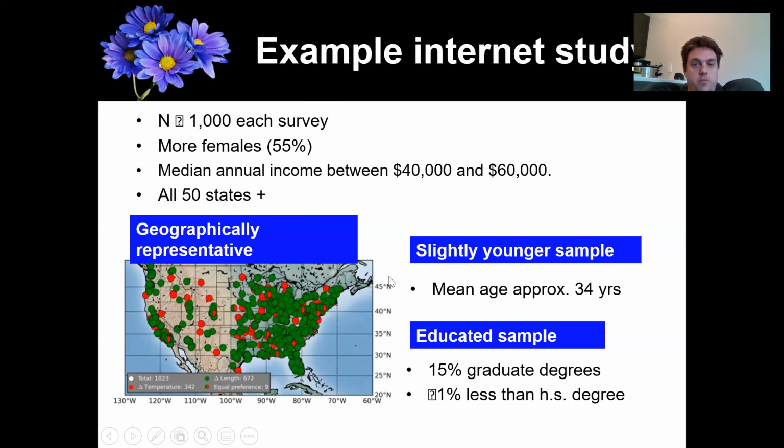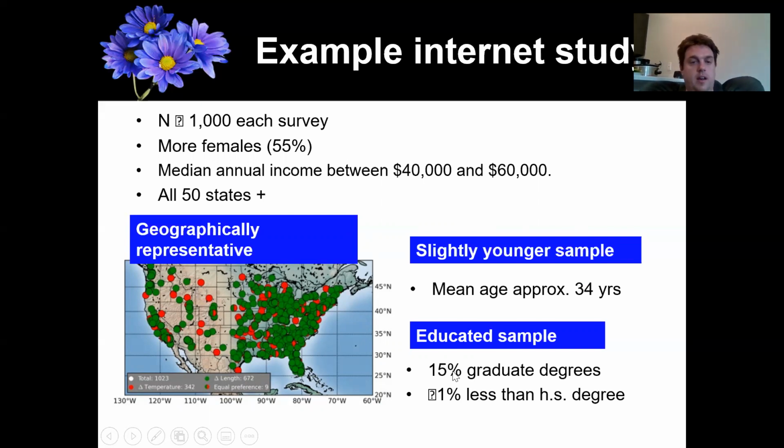So it should be representative in theory, right? But they found that the mean age was lower than that of the U.S. population. They were pretty educated, so like 15% had graduate degrees, less than 1% had a high school degree. And I don't know what the number was, but they're probably pretty educated, like a lot of college students.